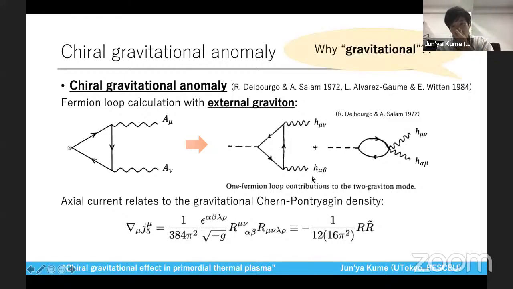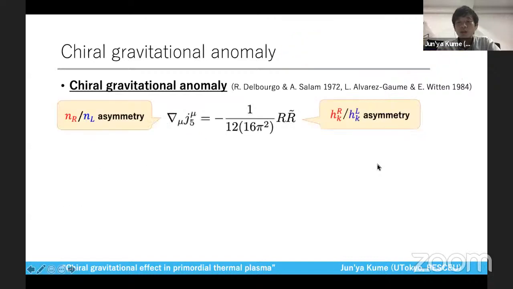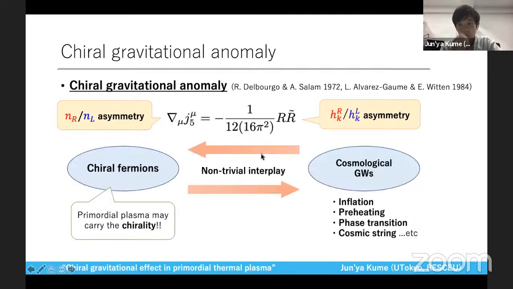Then you may wonder why we are working specifically on this gravitational anomaly. The answer is that this right-hand side means the helicity of the gravitational waves, roughly speaking, and this left-hand side corresponds to the chirality of the fermions. The point is that in cosmology, we have both ingredients.